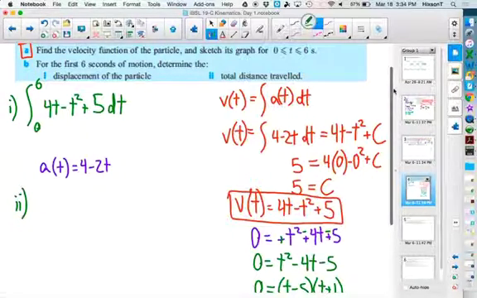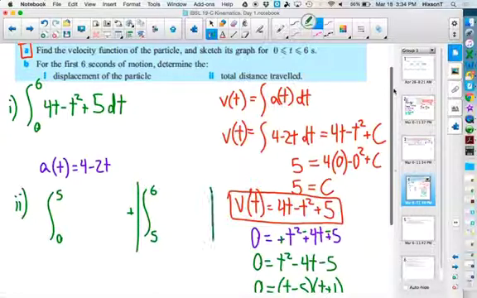For total distance, we have two integrals: from 0 to 5, and then from 5 to 6. Would you use negative 1? No, because we were told just time from 0 to 6.